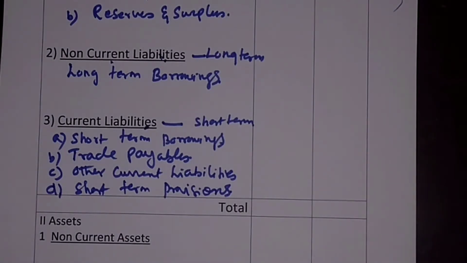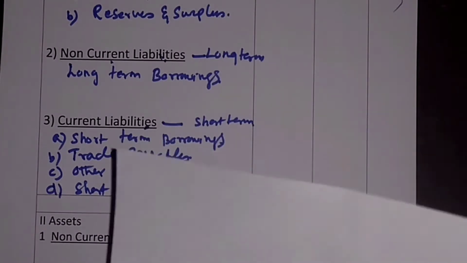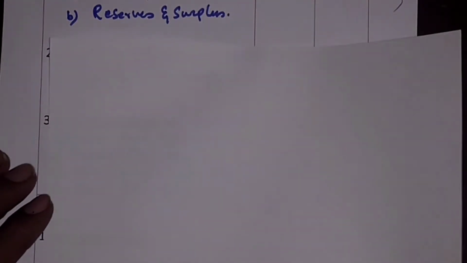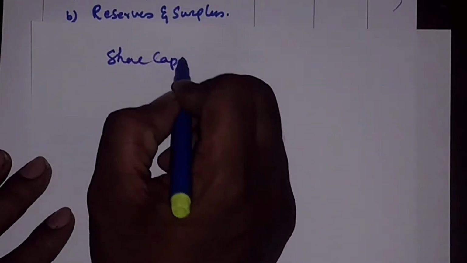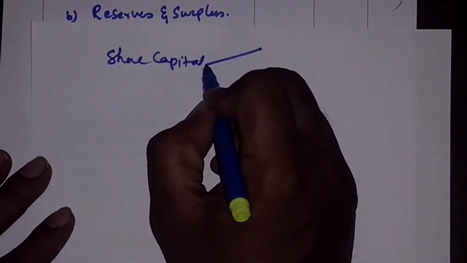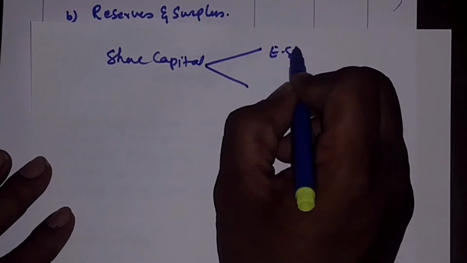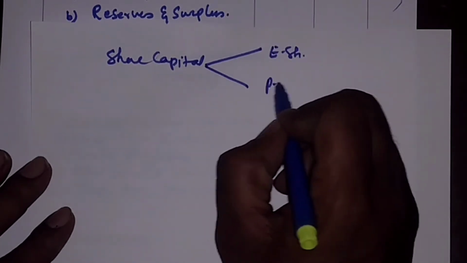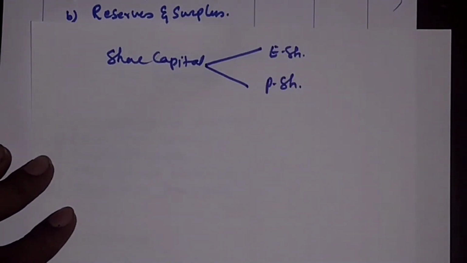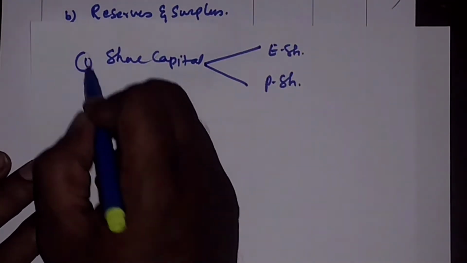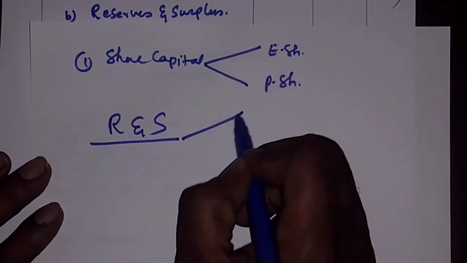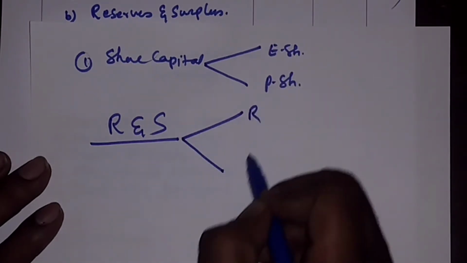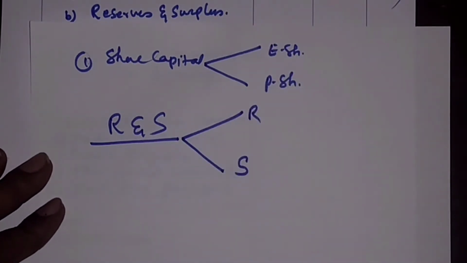Yes, now I have covered the liabilities. Now let me provide the expansion of these liabilities. The very first one is share capital. This share capital is a combination of equity shares and preference shares. Next one is reserves and surplus. Let me subdivide it into reserve and surplus separately.